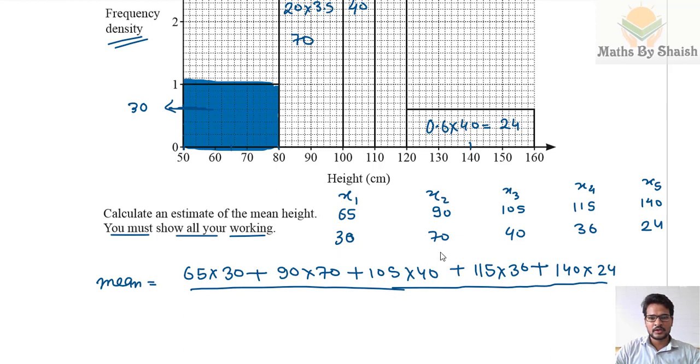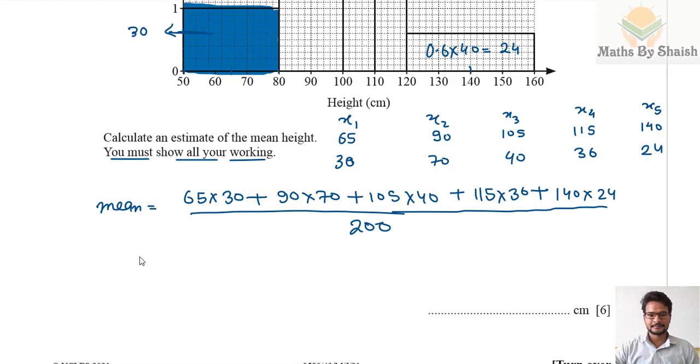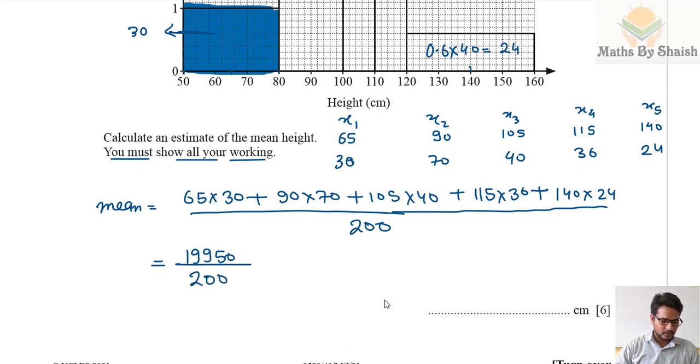Otherwise we can also add 30 plus 70 is 100, plus 40 is 140, plus 36 is 176, plus 24, so it becomes 200. The numerator is 19,950, and when we divide by 200 we get 99.75, and that's the mean height, 99.75 centimeters.